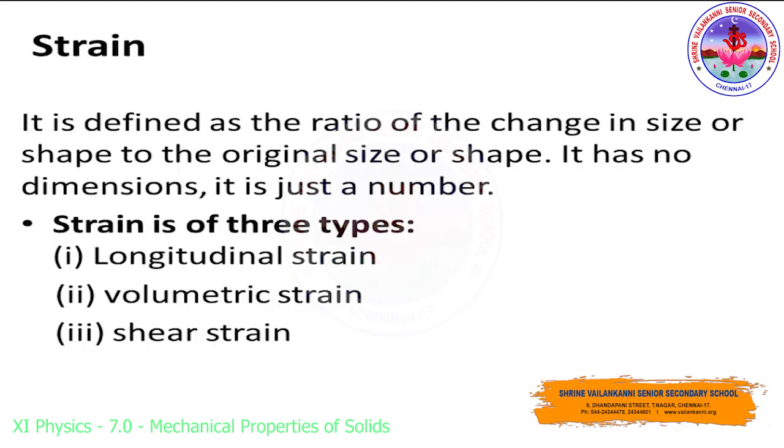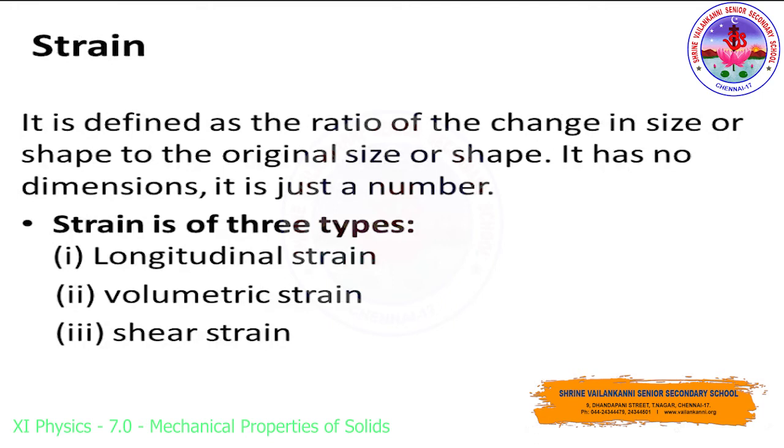Now what we said, we have given some stress on a body, it will get some strain. Is it right? So now what is strain? Strain is defined as the ratio of the change in size or shape to the original size or shape. It has no dimensions, it's just a number.